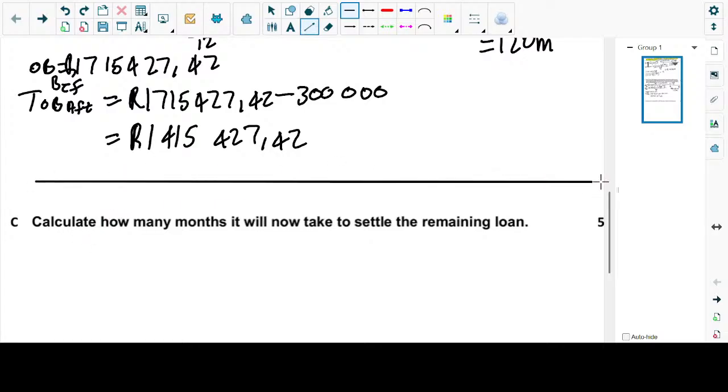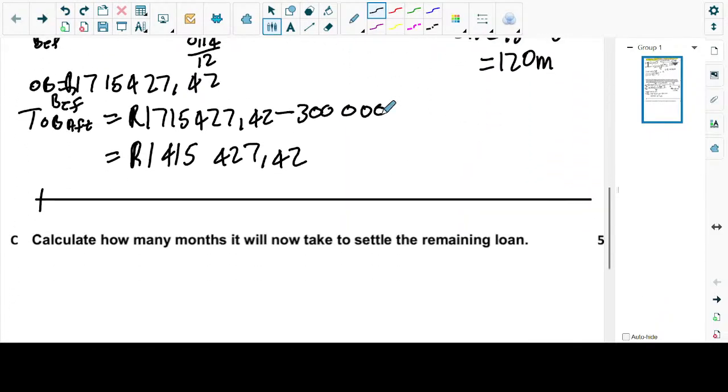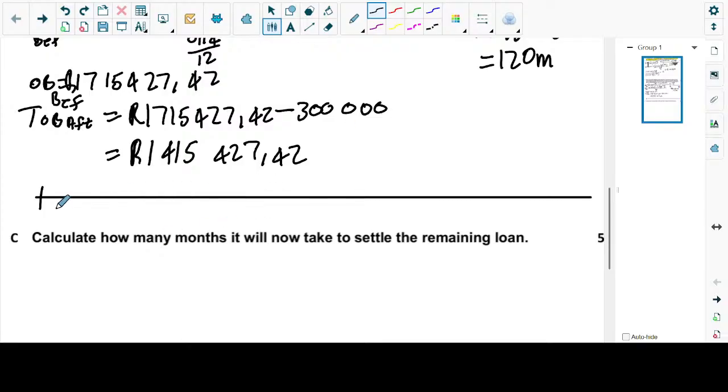What is going to be the total amount that we have paid is going to be 26,634.83, sorry about that, rounded off it's 83, multiplied by 60. Why the 60? This is the total amount that we've paid after the 60th payment. Just check it. How much have we paid already?